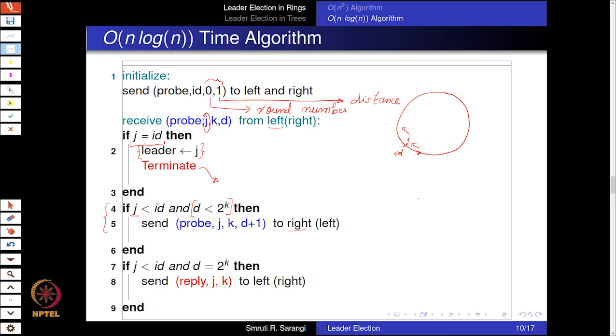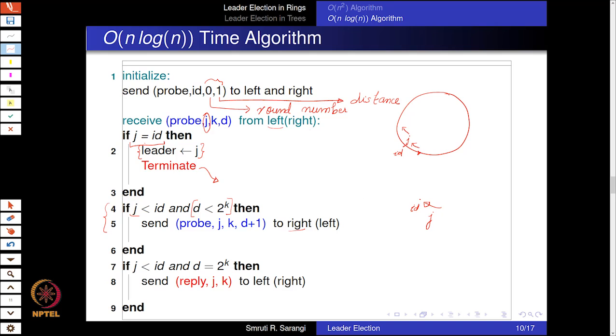So what is the key idea? I got a message. The message has j as its identifier, and my id is called id. If j is less than id, it means that potentially I am not the leader, the other message's originator is the leader. So I need to help it propagate further.